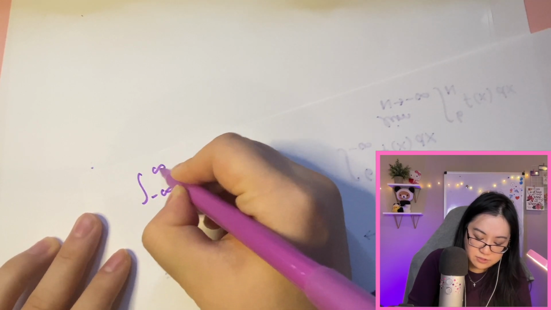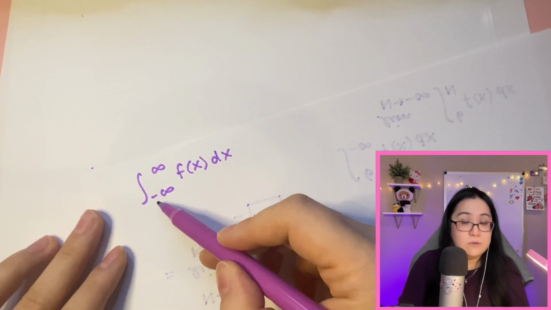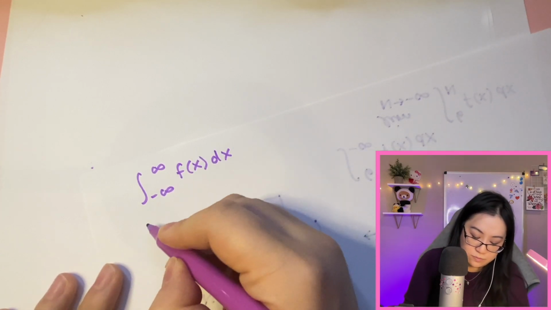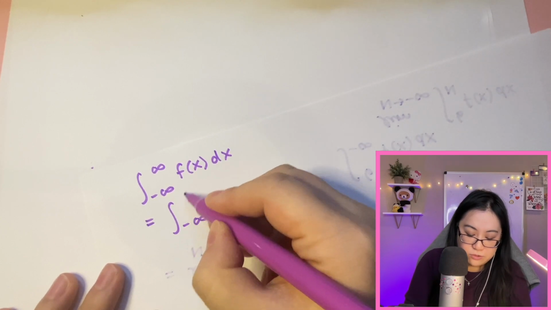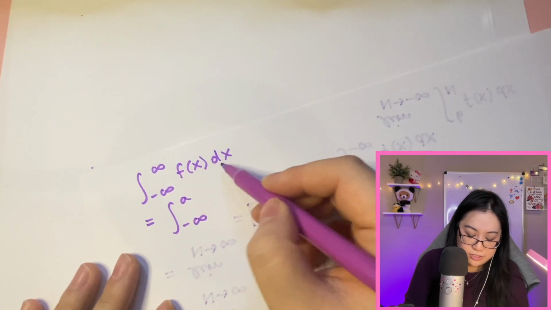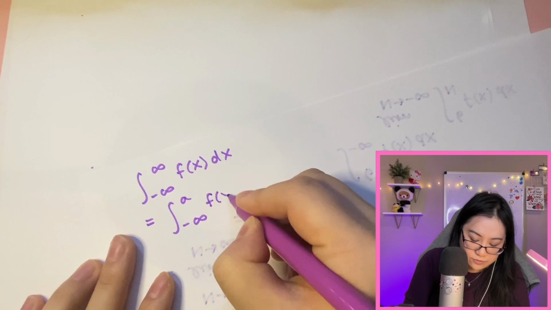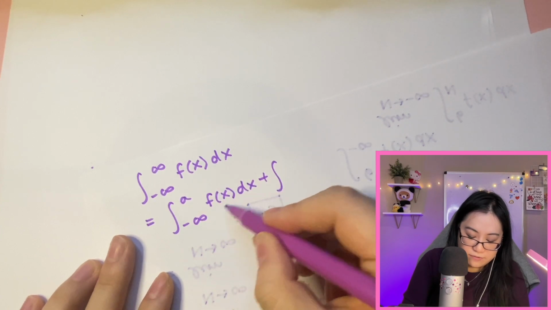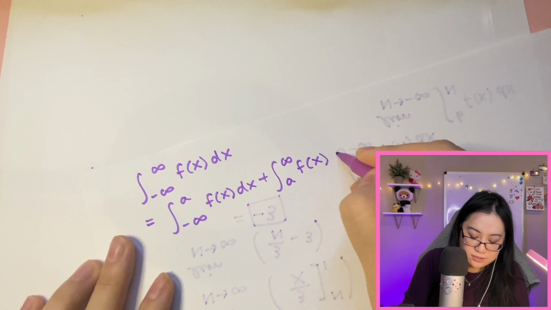If you have this situation of some function, then you can actually break this up based on our other integration properties, which is that you can just go from negative infinity to some other constant, any constant that you want, as long as it's still continuous here, and do this. So you break it up into a sum of the negative infinity to a of f of x dx plus a to positive infinity f of x dx.